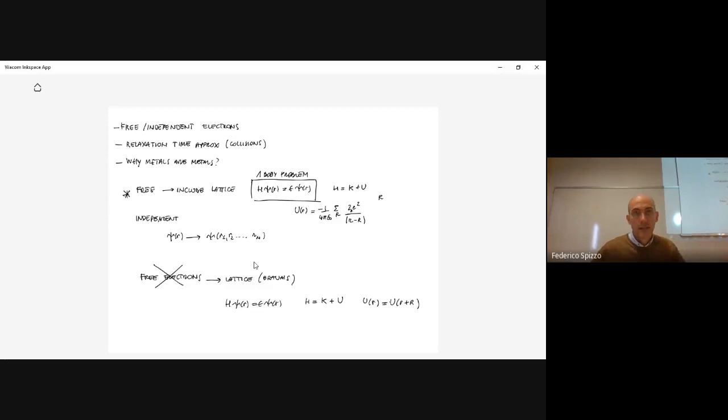So the proposal is, I will not demonstrate the theorem, I will just recall the points that I then need to use in the next weeks and in the rest of the class for the presentation of all the other models, because they heavily rely on the consequences and on the features of the electronic levels when we consider the Bloch theorem.